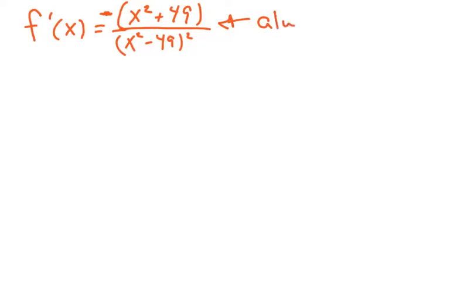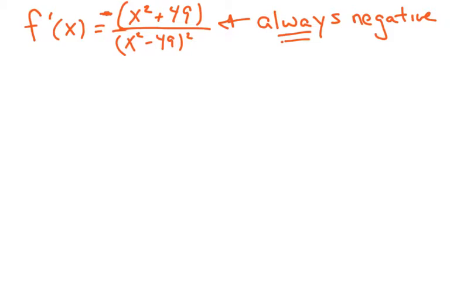this derivative is always negative. You can plug any number you want to in that derivative where it's defined, not 7 or negative 7, and the result is going to be negative. How do I see that so easily?